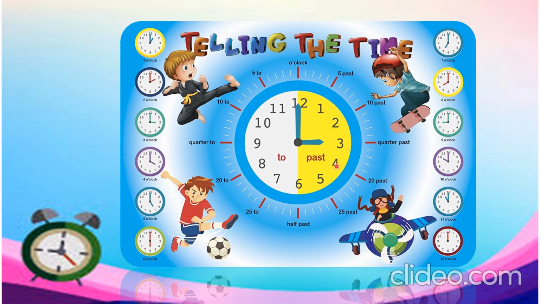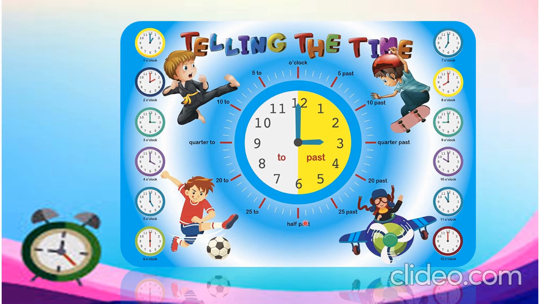If it is pointing towards 4, it is 20 minutes past. If the long hand is pointing towards 5, it is 25 minutes past. Like that, the long hand pointing towards 6 means it is half past.